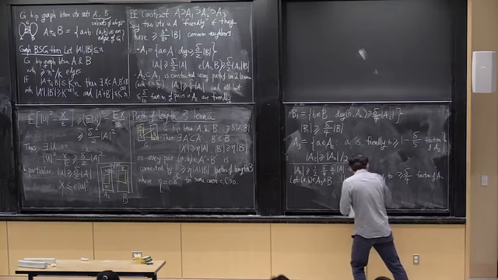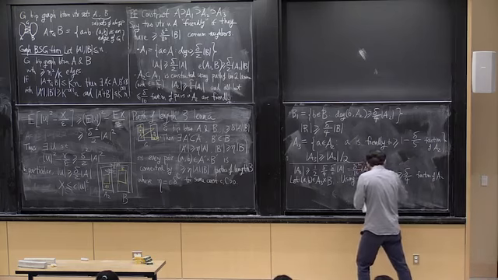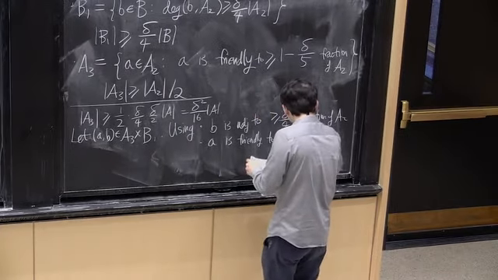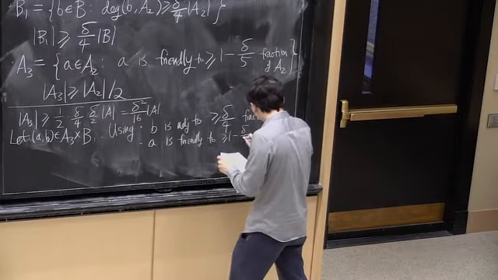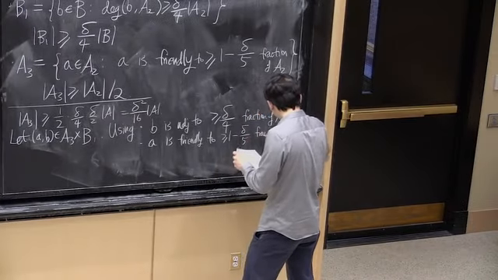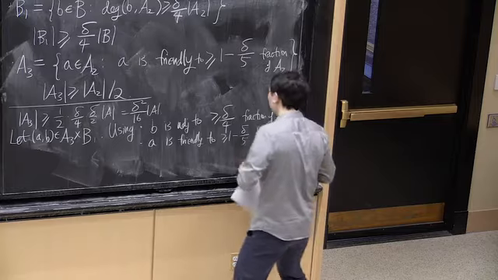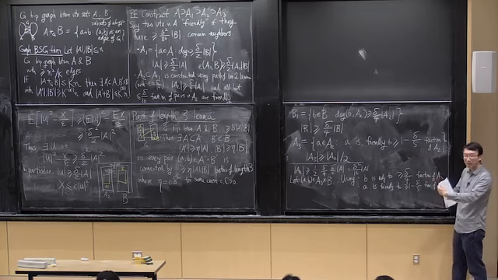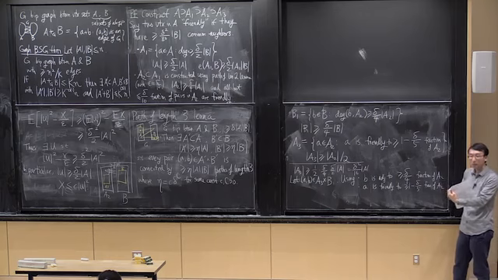At the same time, we know that A is friendly to at least 1 minus delta over 5 fraction of A2. So these two sets must overlap by at least a delta over 20 fraction.